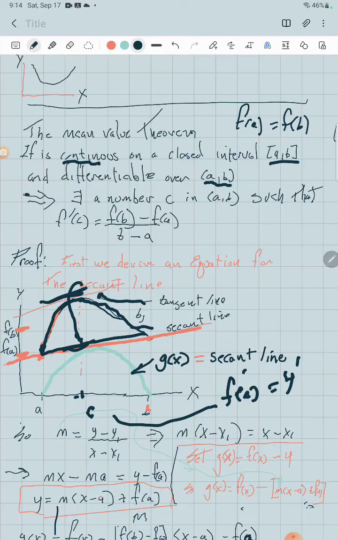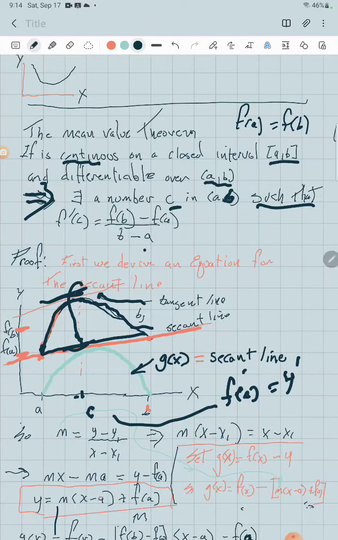And this arrow means then in mathematics. And this reversed e means there exists a number c that's an element between a and b such that f prime of c is equal to the slope of the secant line.